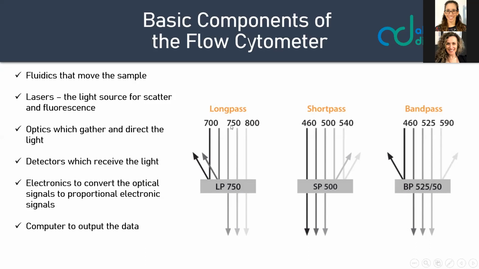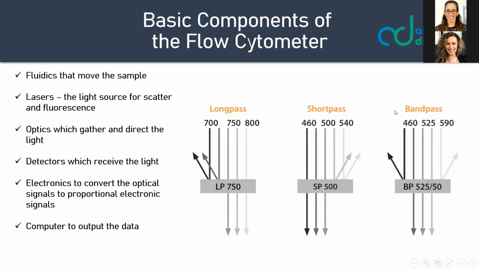It means that wavelengths above 750 nanometers are allowed to pass through into the detector, and everything under 750 is reflected. Short pass filters are very similar, but the opposite, meaning that short pass 500 means that all the wavelengths under 500 nanometers are allowed to pass through into the detector, and all the higher wavelengths are reflected.